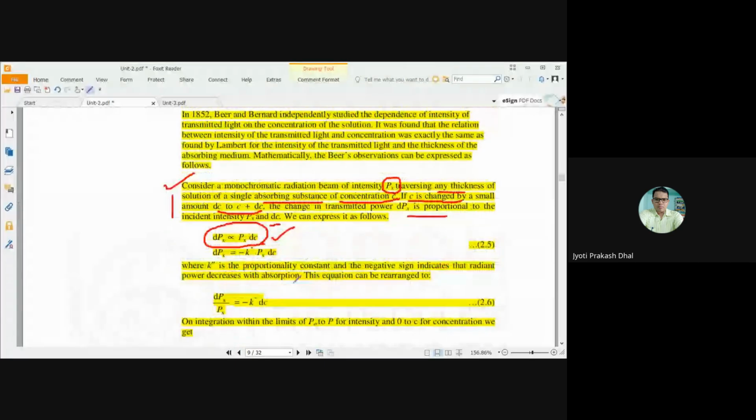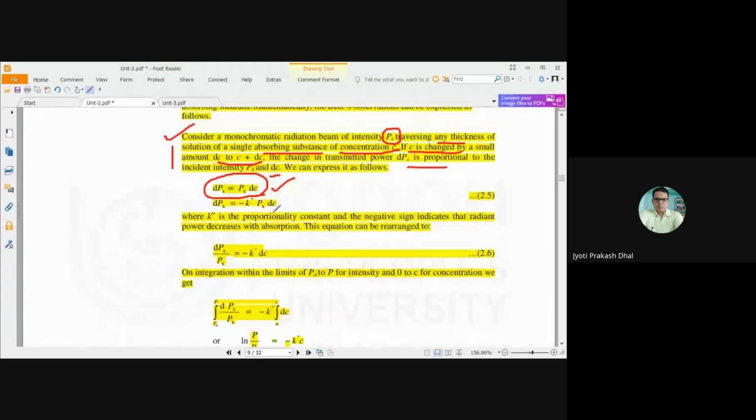Here we are converting the proportionality into an equality. So dPx equals some constant, minus k double dash, into Px into dC. Here k double dash is the proportionality constant, and the negative sign indicates that the radiant power decreases, that means the intensity decreases with absorption. This equation can be rearranged to dPx by Px equals minus k double dash dC.